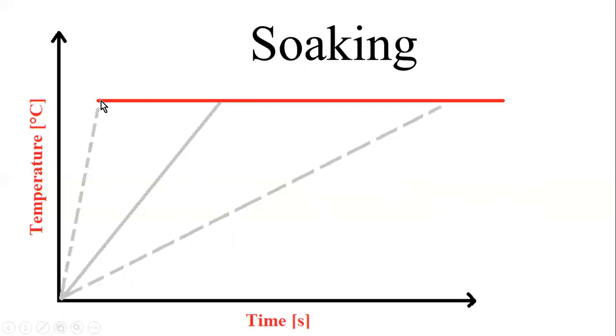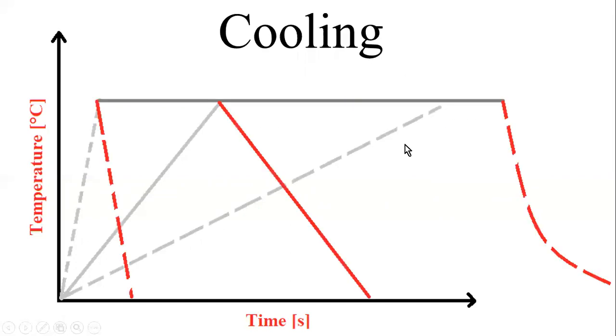But let's say that you have an entire piece of steel for a bridge. Let's say that somebody is building a bridge, so you will need to soak that entire piece of metal for a longer time, okay?